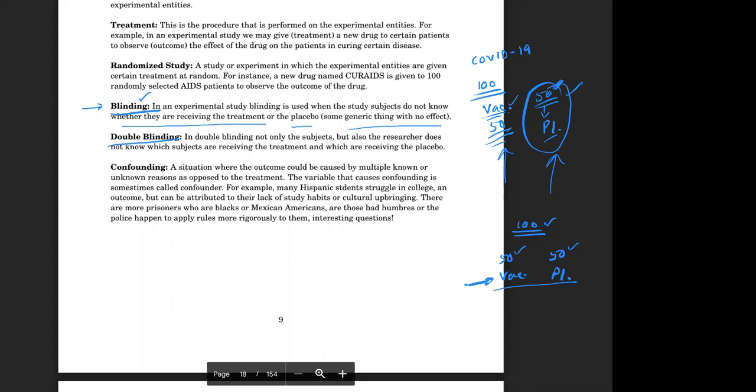Now, double blinding is another scenario where, interestingly, the person who is conducting the experiment might be biased too.